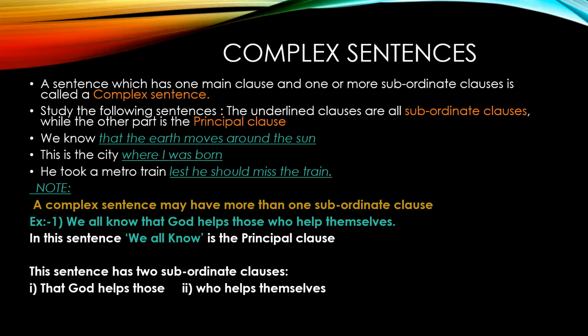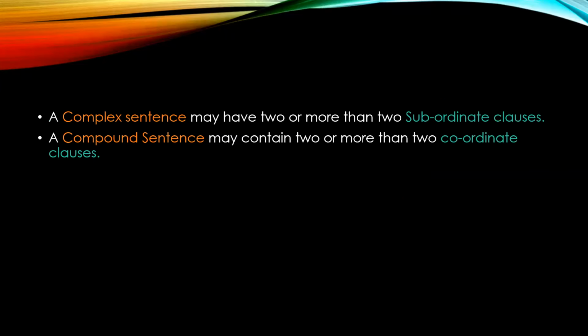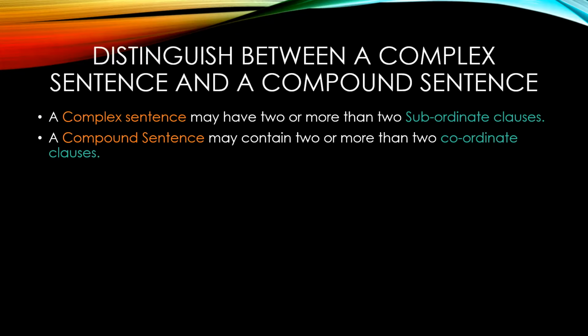In this sentence, we all know is the principal clause. And the sentence has two subordinate clauses. That God helps those is subordinate clause one, and who help themselves is the other subordinate clause. Let us see the distinction between a complex sentence and a compound sentence.